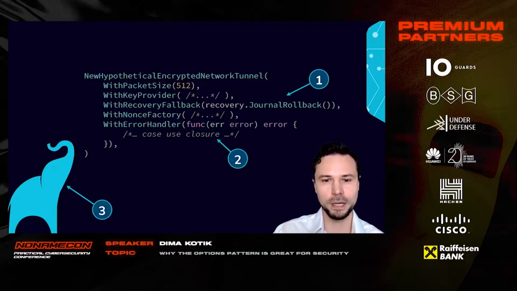And by the way, nothing stops you from repeating the option multiple times. If you would like multiple error handlers, you can write it in such a way that they're appended to a list that will be iterated when an error does occur. And this will give you instrumentation for logging, for recovery, for alerts. And alerts are good for security.